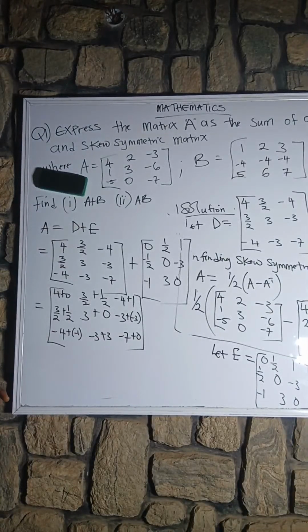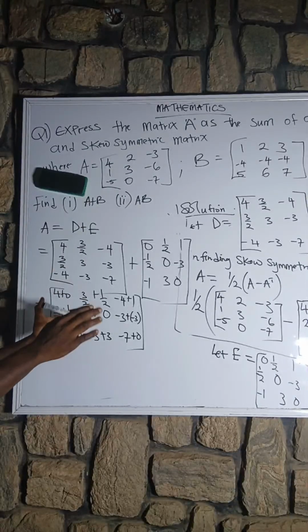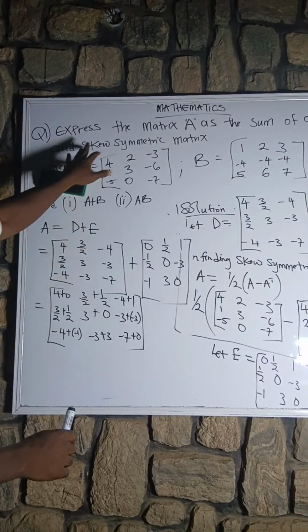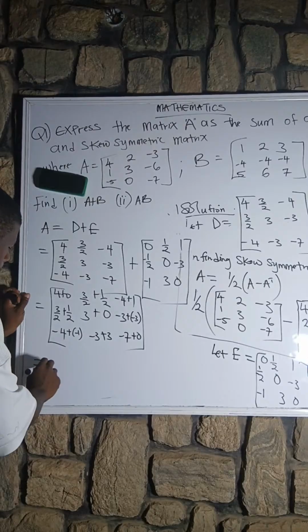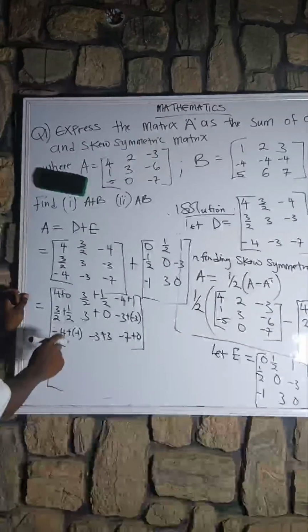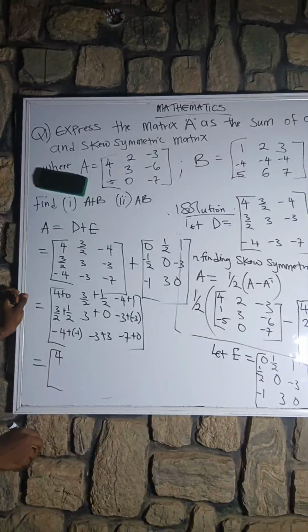So now we are going to be finding our last answer for that particular question. We say 4 plus 0 is going to give us 4.